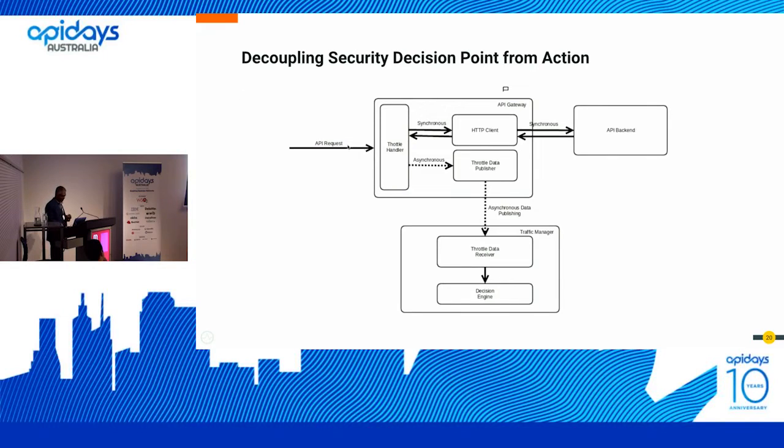We have the API gateway component, which is the data plane, and we have a traffic manager, where the actual throttling policies are located, as well as the throttling decision engine. Right? And there's a developer experience that we have built, which you can use to build these different throttling policies.